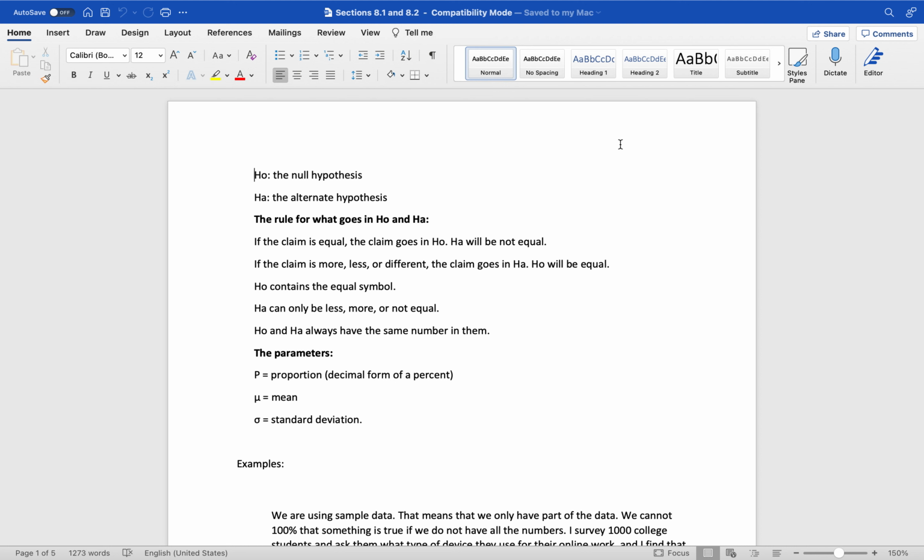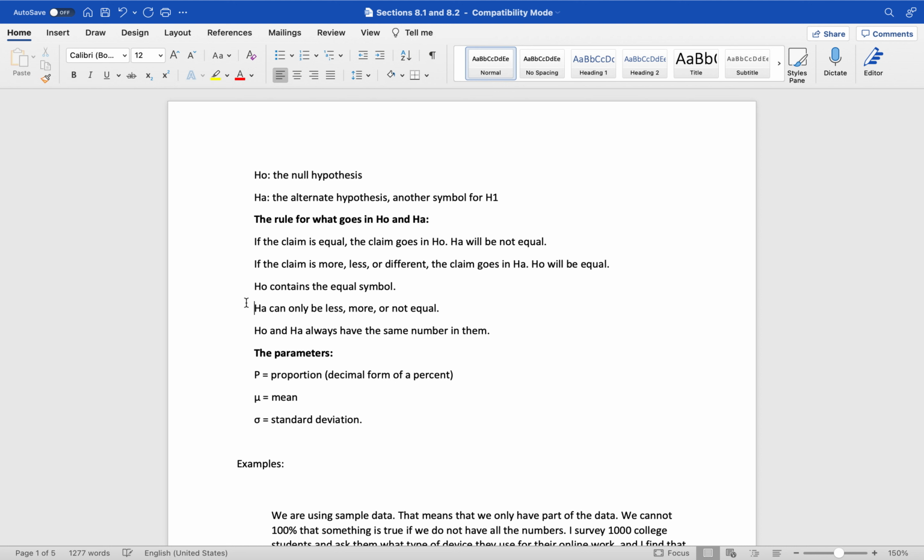H0 will be equal. Another symbol for this is H1. HA and H1 are the same thing. H0 always contains the equal.